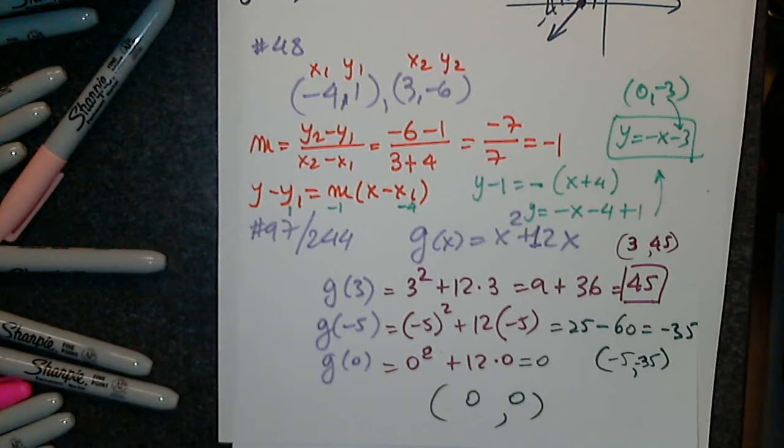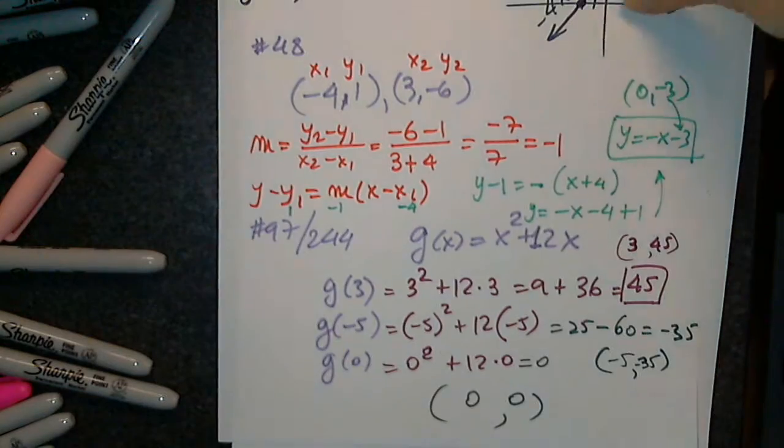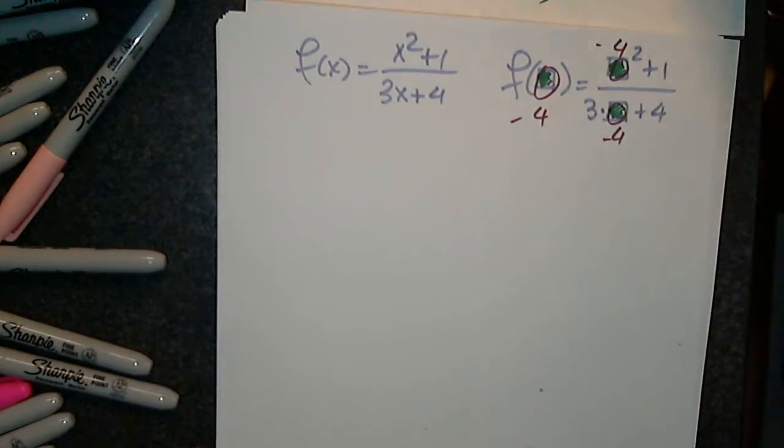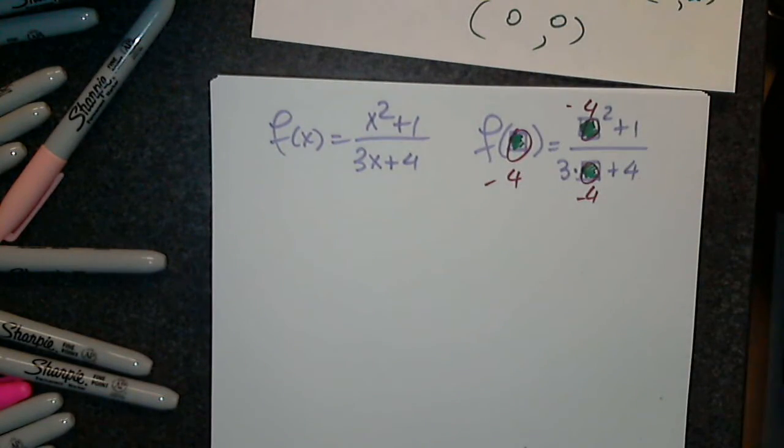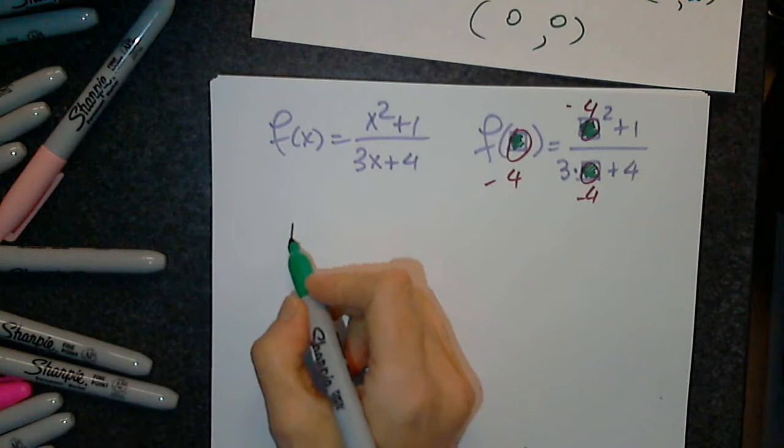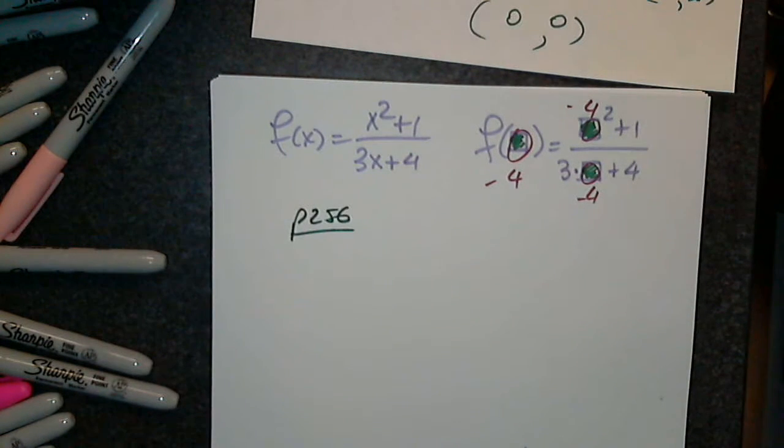Let's look at the system and graph it as a review from 4.1. Okay, on page 256, I would like to look at problem 17.